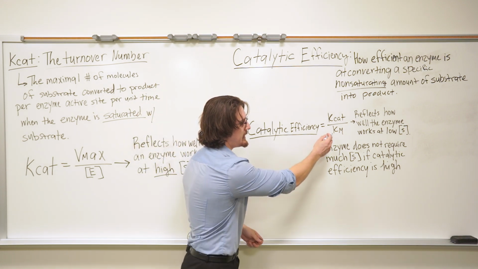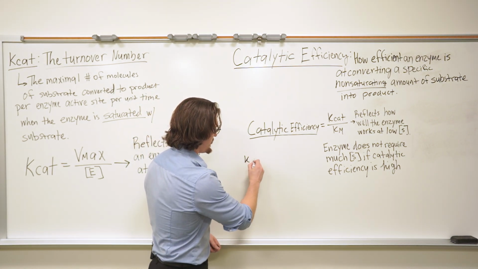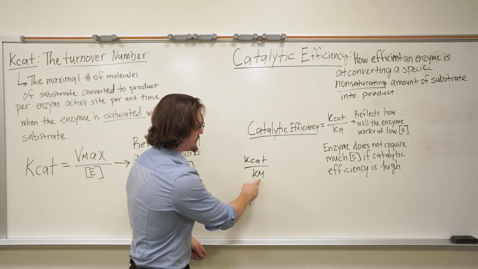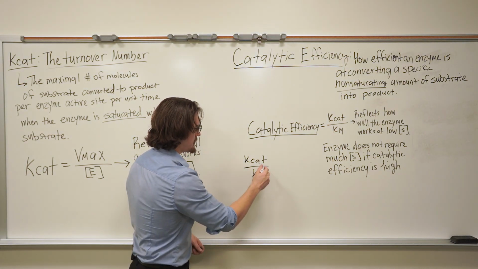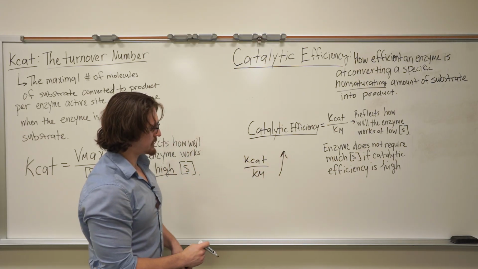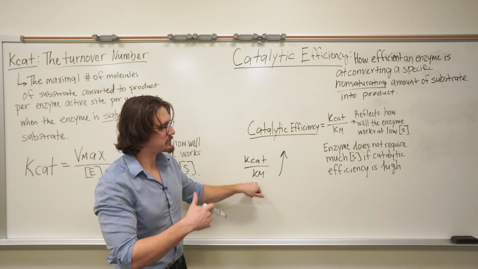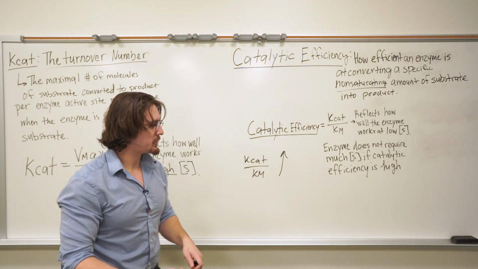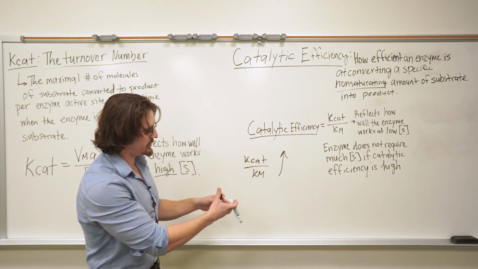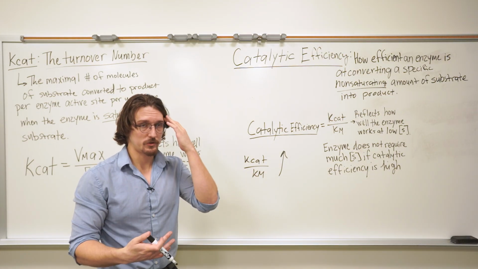And because the Km is in the denominator, if we take kcat over Km, and the Km is very small, this fraction increases in size. So the catalytic efficiency increases. If a small Km refers to a higher affinity for substrate, and the catalytic efficiency increases, then this enzyme is more efficient at lower concentrations of substrate.